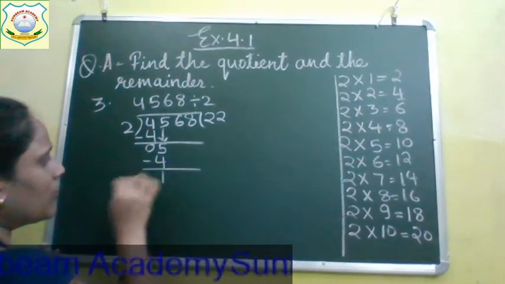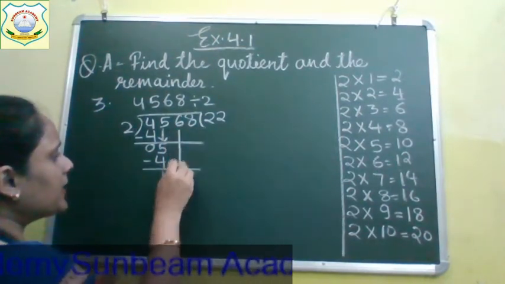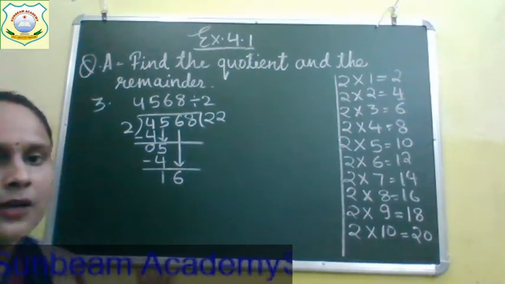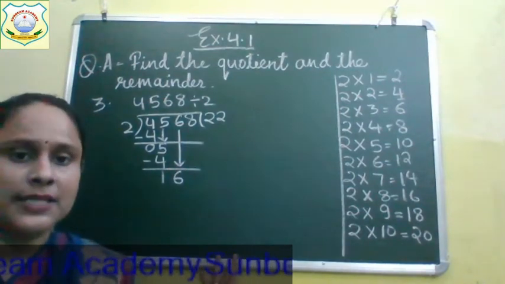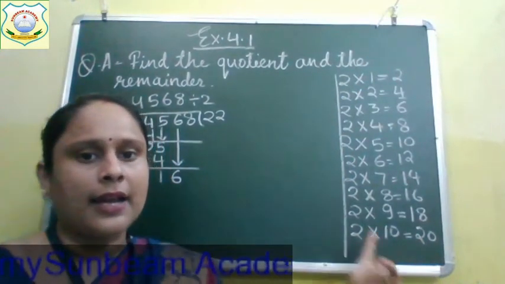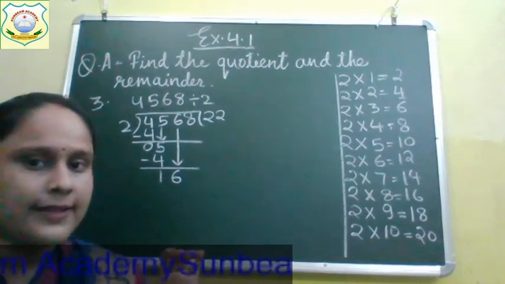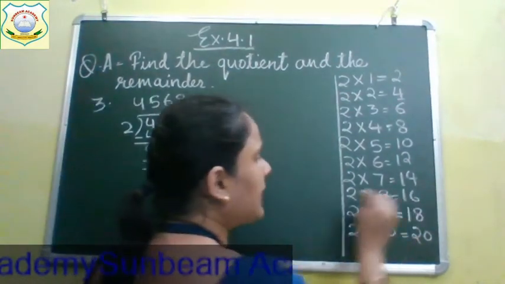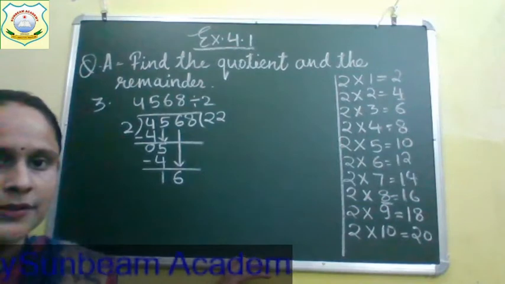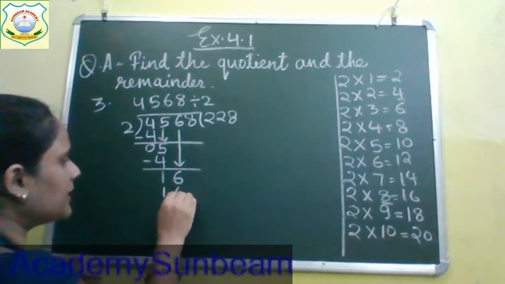Now here we got 1 as an answer. Now which number will we bring down? We will bring 6 down. Now it has become 16. Now all of you look here in the table. Is there 16 in the table of 2? Yes. How many times? 8 times we will get 16. So write 2 eights are 16.